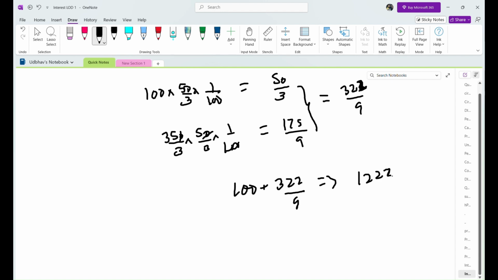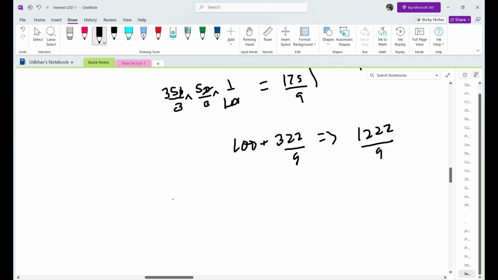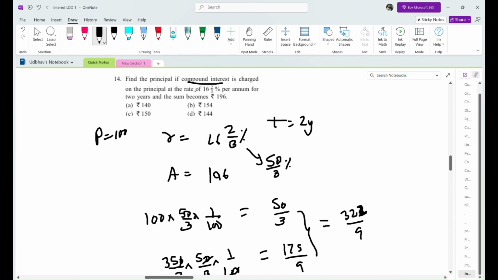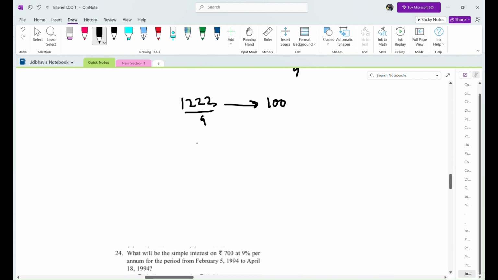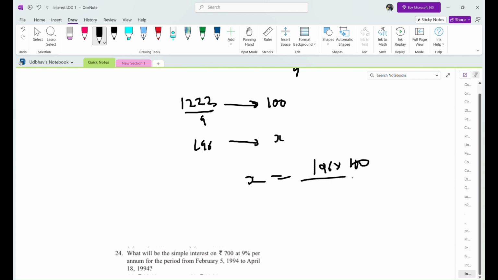1222 upon 9. So when our amount was 1222 upon 9, our principal was 100. Now when our amount is 196, what will be our principal? 196 into 100 upon 1222 upon 9.